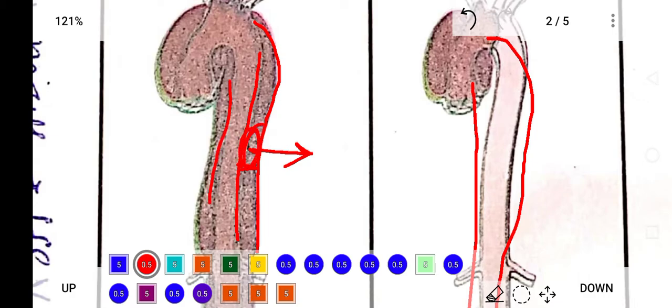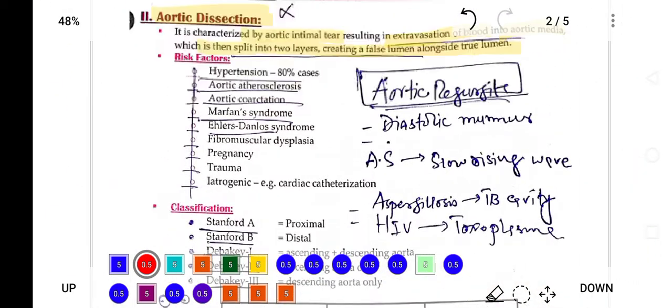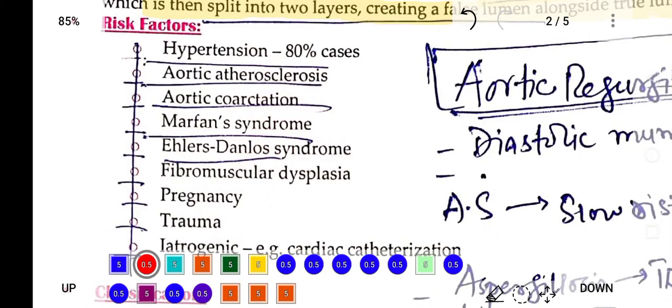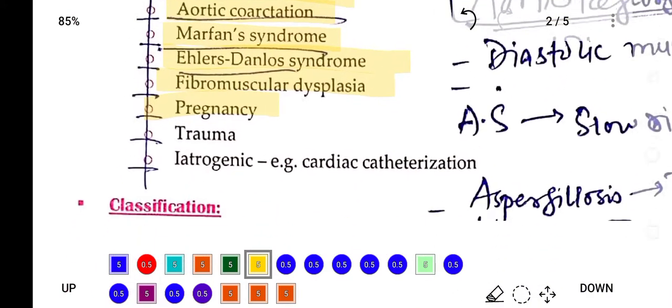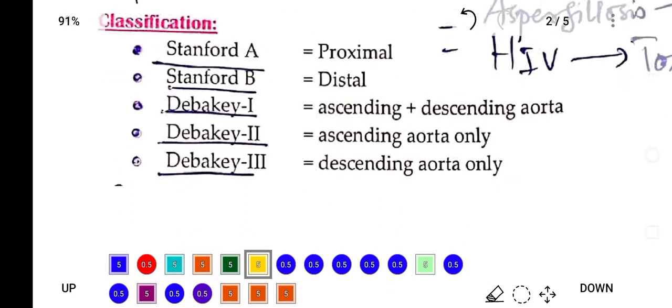Now this is the normal original physiological wall of the aorta, but because of certain pathological factors an abnormal wall is created, and between both of these walls of the aorta blood is accumulated, and that condition is known as aortic dissection. Risk factors of aortic dissection are hypertension, aortic atherosclerosis, aortic coarctation, Marfan syndrome, Ehlers-Danlos syndrome, fibromuscular dysplasia, pregnancy, trauma, and iatrogenic causes can also be there.